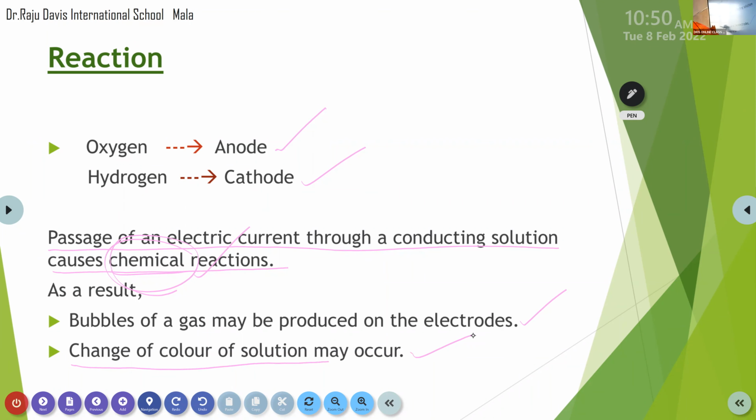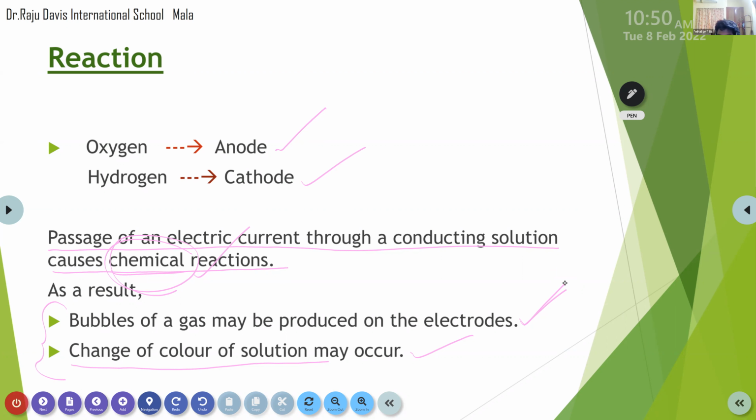So there are two changes we can observe by the passage of electricity through any liquid. Bubbles of a gas may be produced on the electrodes. Change of color of the solution may occur. Clear?